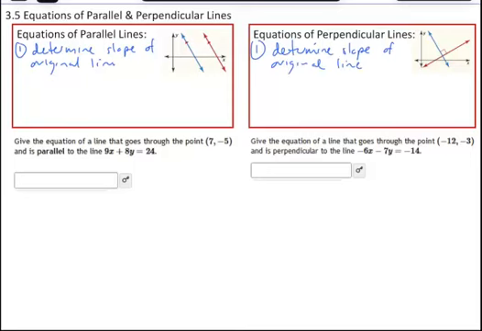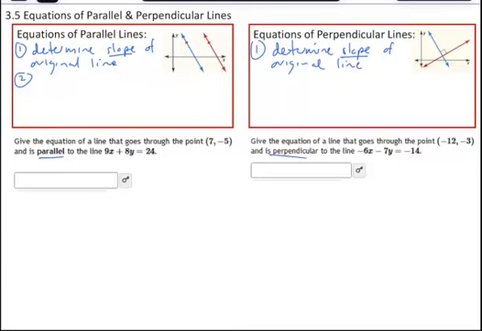Now, depending on what you're given, you might be given a graph where you count the slope. You might be given an equation where you interpret the slope. You might be given a set of points where you calculate the slope using the equation for slope. Okay, so we have all of those as possibilities here. Once you find the slope of your original line, you're then going to use the relationship for parallel or perpendicular.